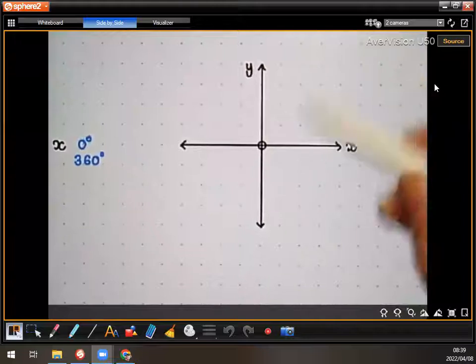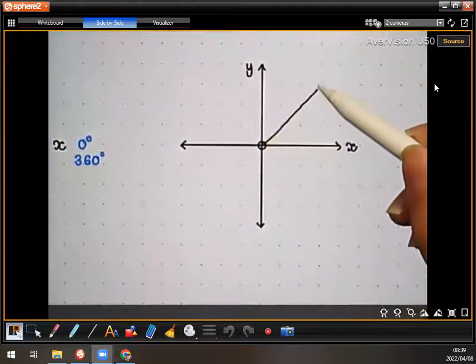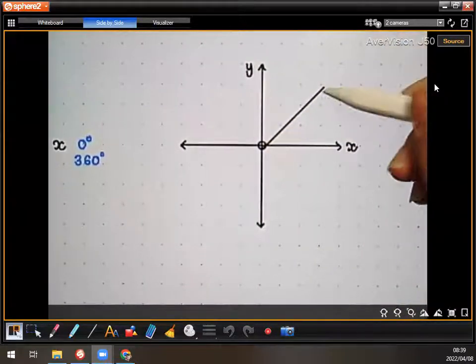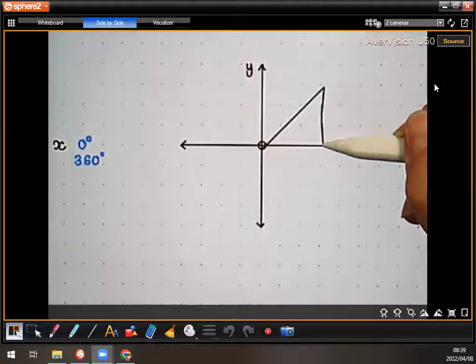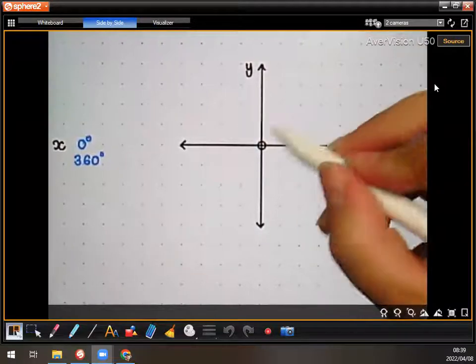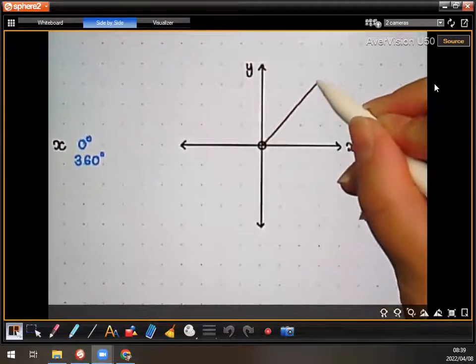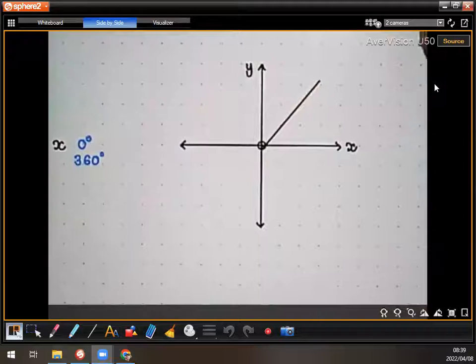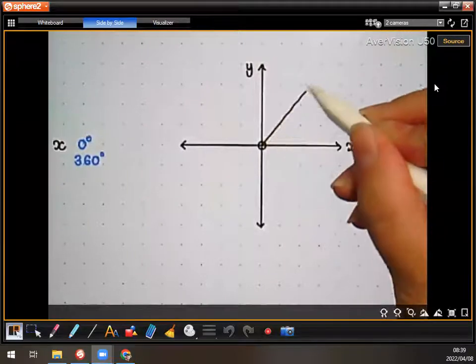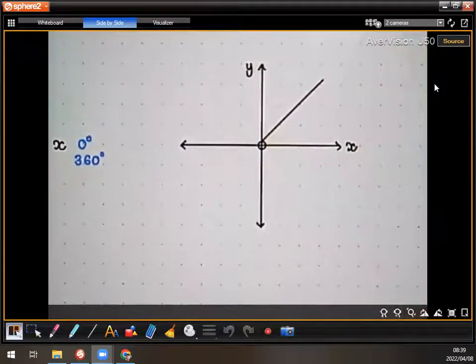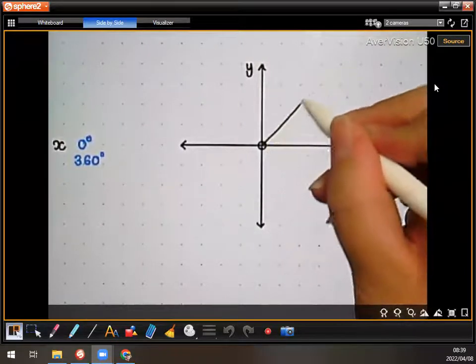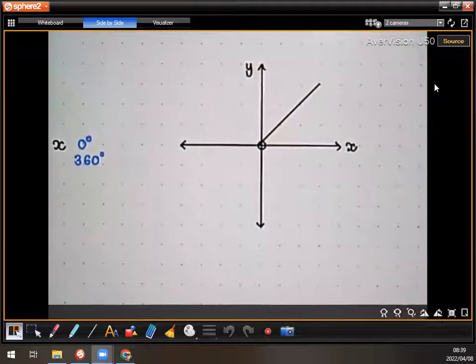Sorry, that line is not really coming from where it should be coming. Guys, the right angle triangle has to come from the origin. Okay, no, but now it's not working. Oh no, why isn't it? Oh, what's happening?